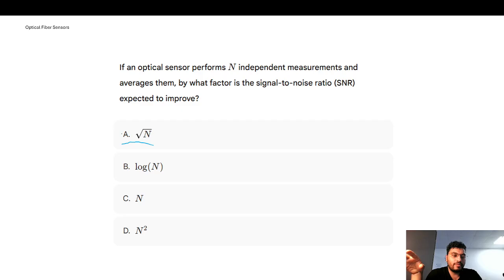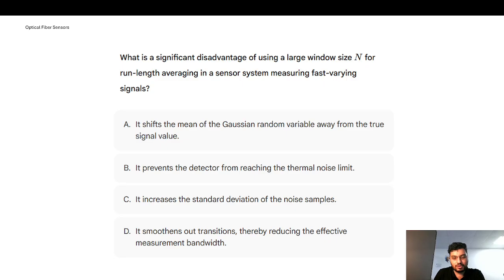So detection should be very fast. So the correct option is option A, square root n. Log n is not the correct one, and other things not at all. So just recall it for your concept.